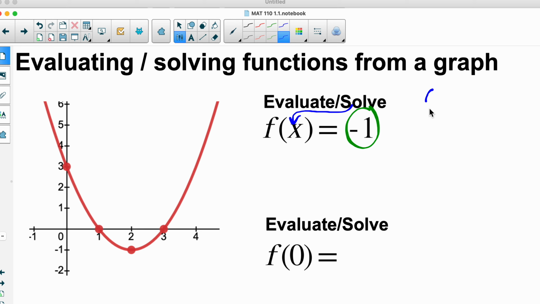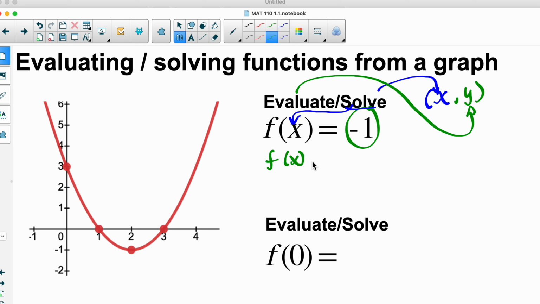I don't know x. So think about it in terms of x and y, and which one you are given and which one you are looking for. When I'm looking for the x value, I'm solving. When I'm trying to find the value of y, I'm evaluating. And always remember, we can write this as f of x equals y if that helps initially. So we know that y equals -1.